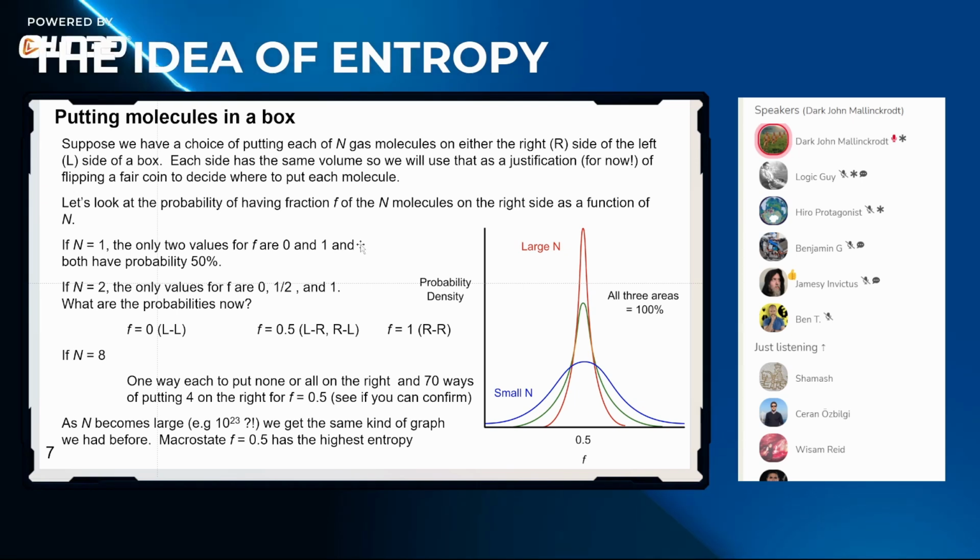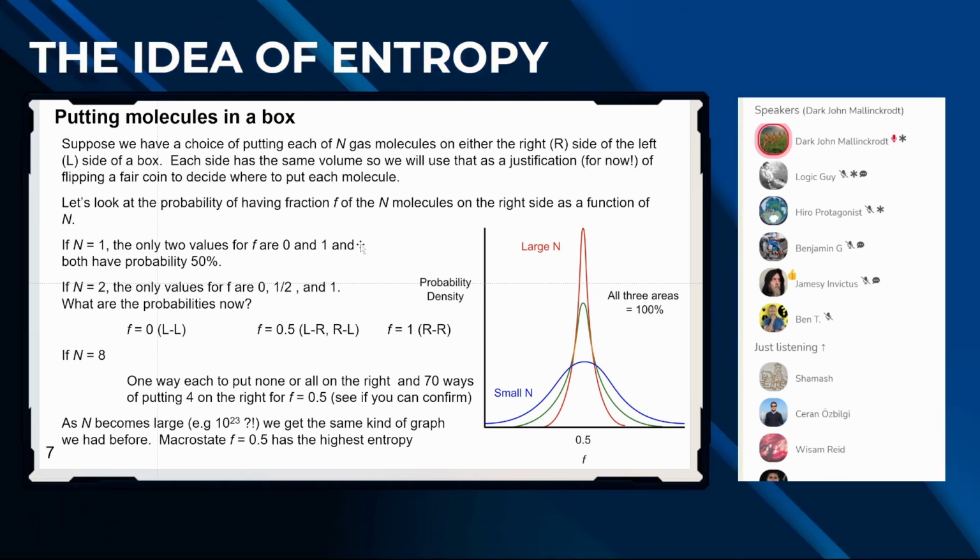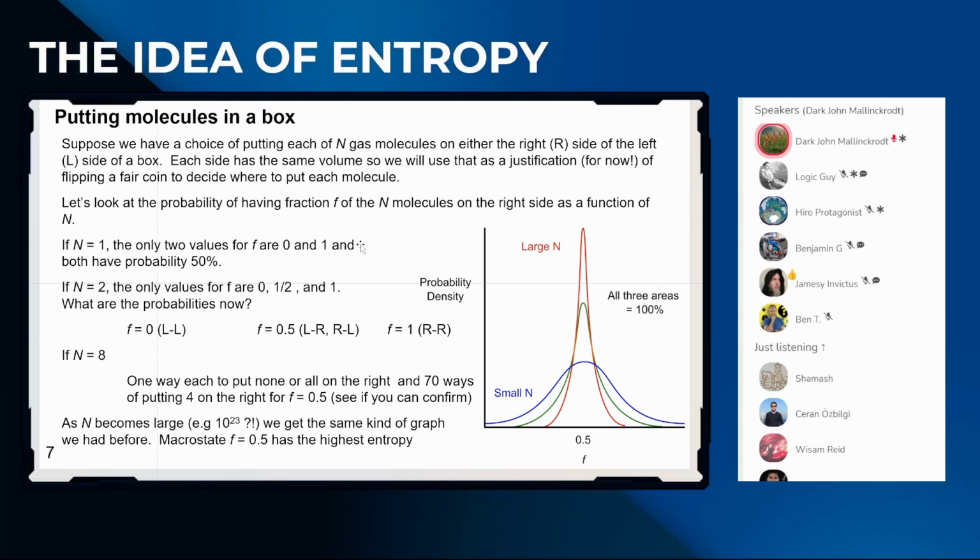I just want to treat a simple case where I have a box. I'm going to put each of n gas molecules either on the right half of this box or the left half of the box. Each side has the same volume, so we'll use that as a justification for flipping a coin to decide where to put each molecule.